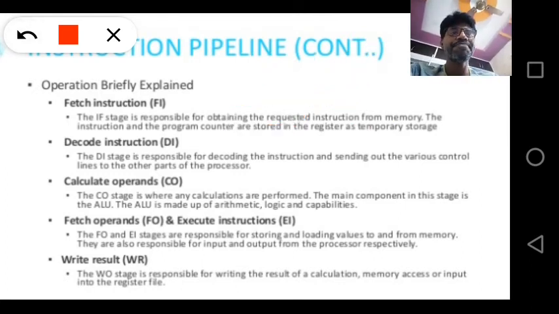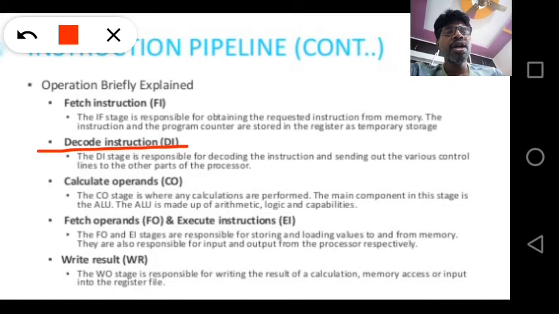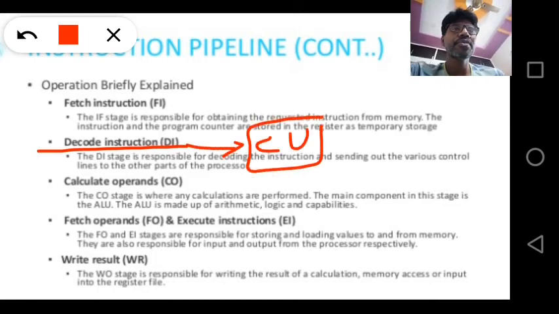Next stage is decoding the instruction. Decoding stage is responsible for decoding the instruction and sending out various control lines to other parts of the processor, and this is done by the control unit. Next, calculate operand. Calculate operand stage is where any calculations are performed.